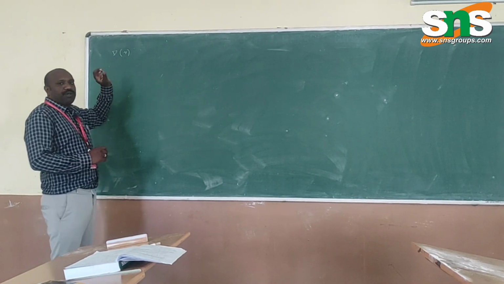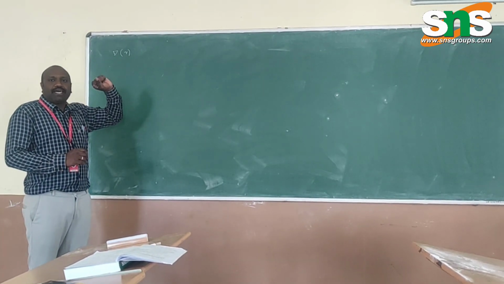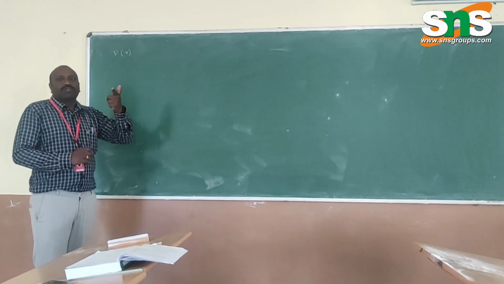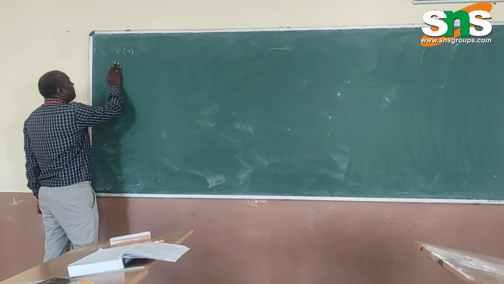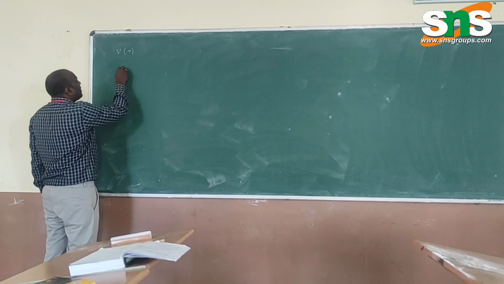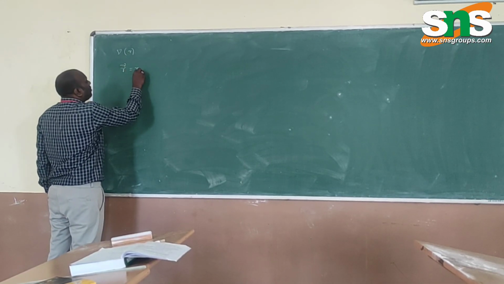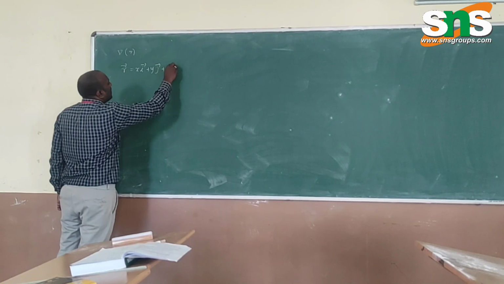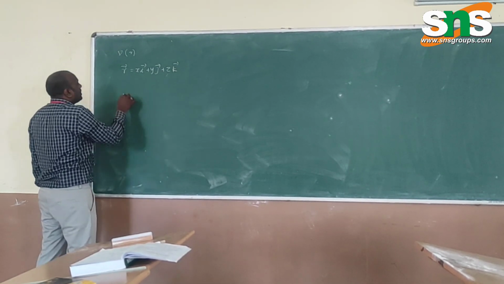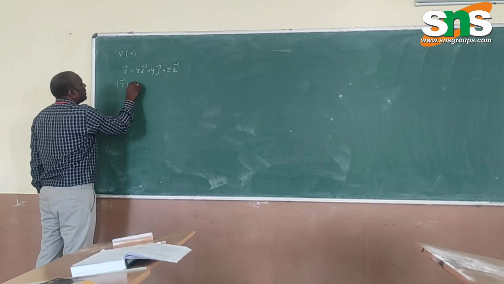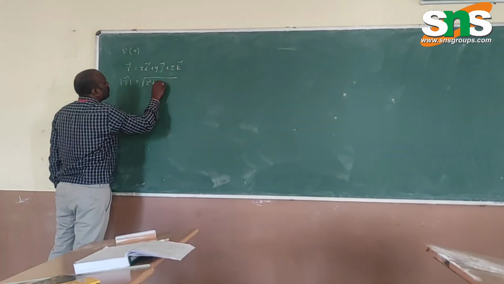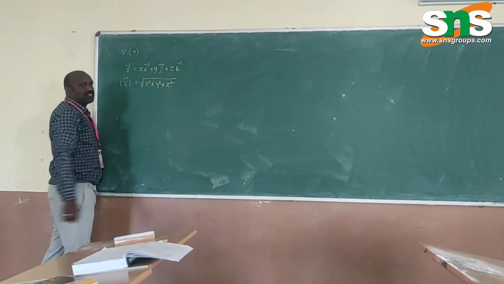So already we discussed a lot of things, that is r vector and modulus r vector. Here we have to summarize again that r vector is equal to x i vector plus y j vector plus z k vector, and then modulus r vector is equal to root of x square plus y square plus z square.